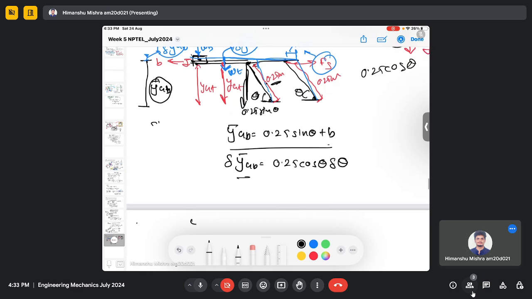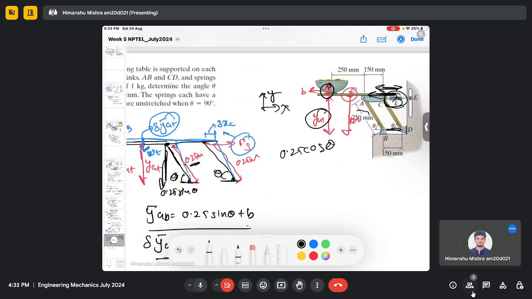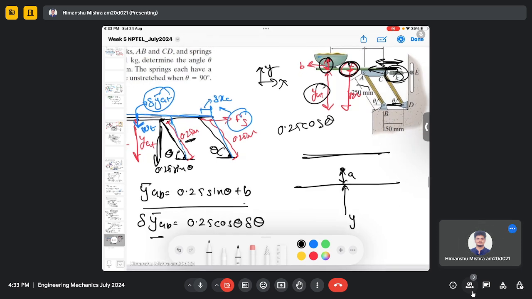Similarly, y_Gt is 0.25 sine theta plus a. Just to repeat here, if you zoom out on this portion of the table, this is your table, this is the centroid of the table, this is your distance a, and this is your distance 0.25.